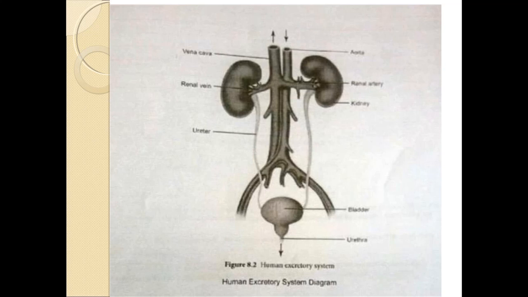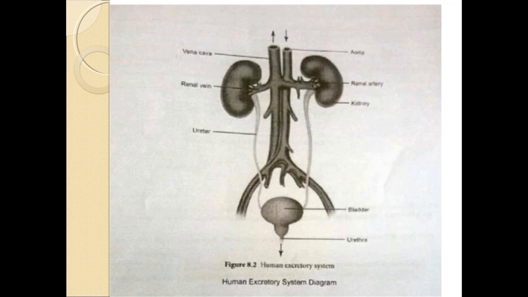Kidneys are bean shaped structures, you can see, bean shaped structures. Kidneys will have the nephrons. Nephron is the structural unit of the kidneys which helps in the removal of the waste. In the structure of the nephron you have Henle's loop, which is helping in excretion of the waste.